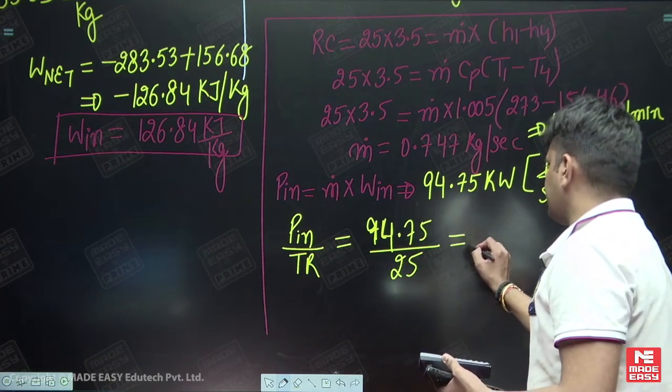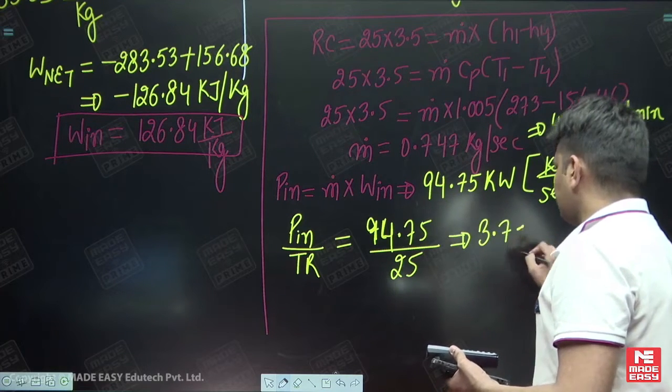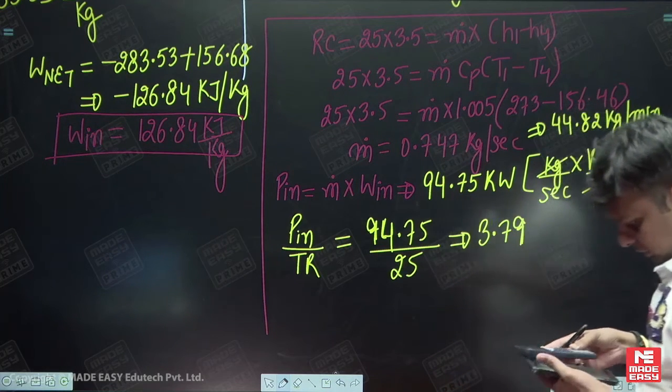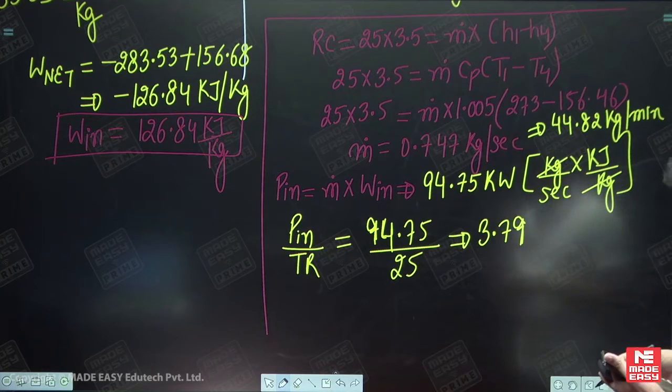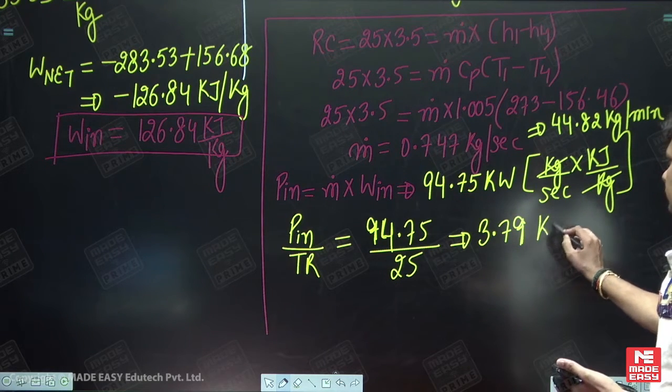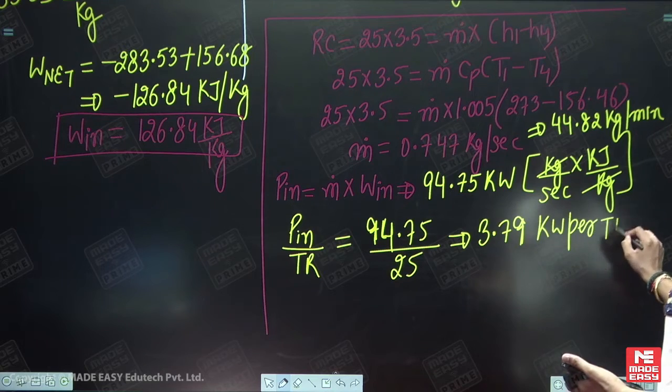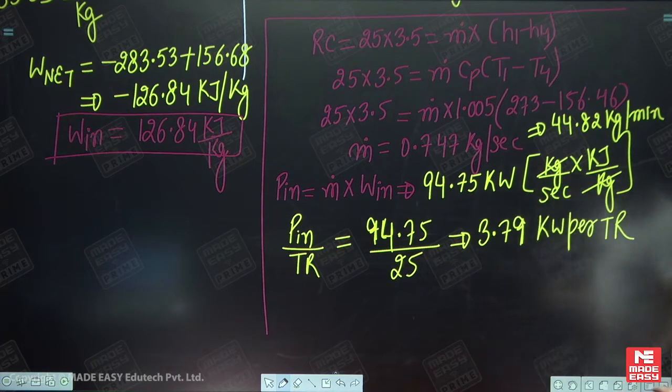This is coming out as approximately 3.79, or 3.8 kilowatt per ton of refrigeration.